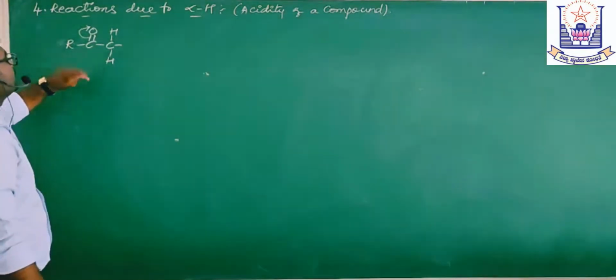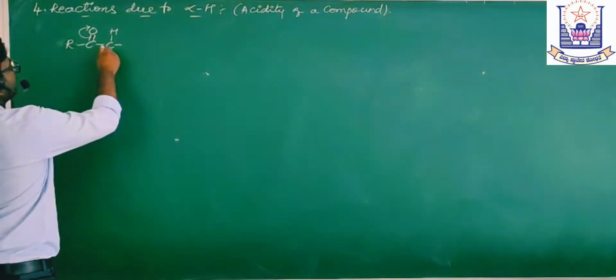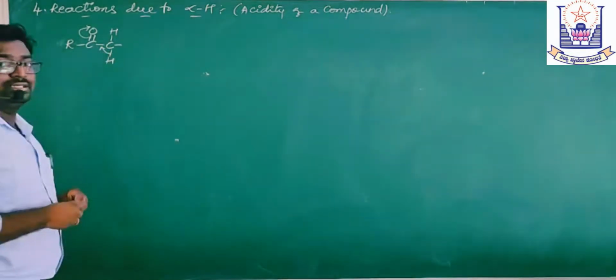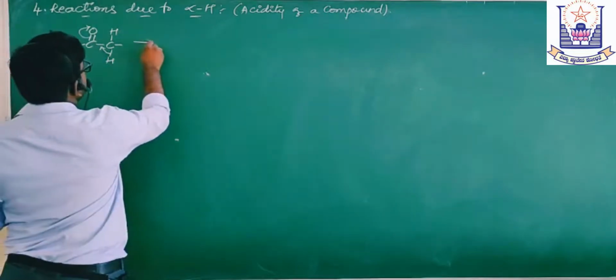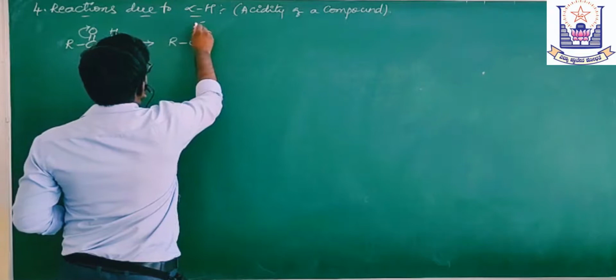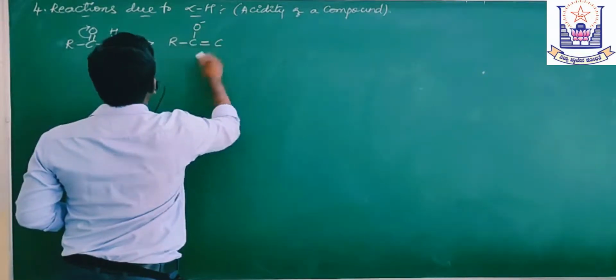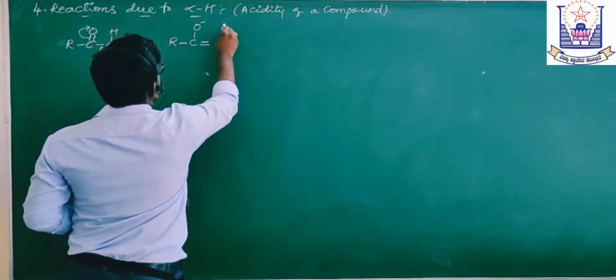So it will pull the electrons from the C-H bond like this. So it results in this, RCO minus, then C double bond CH.